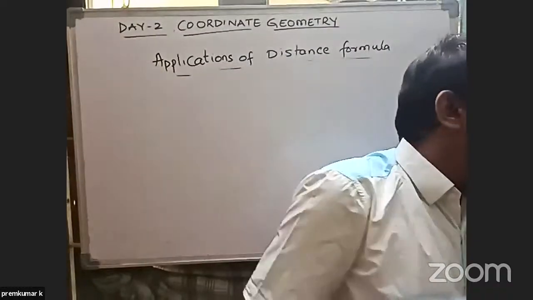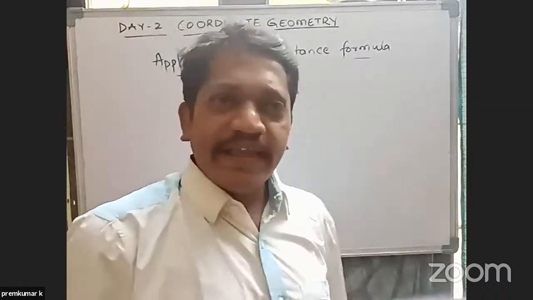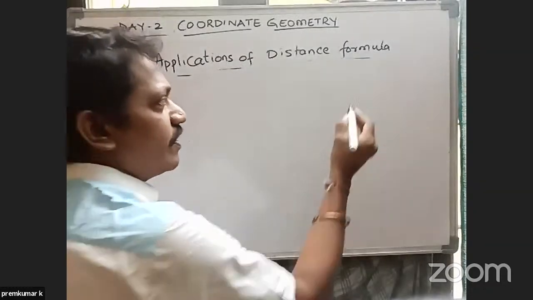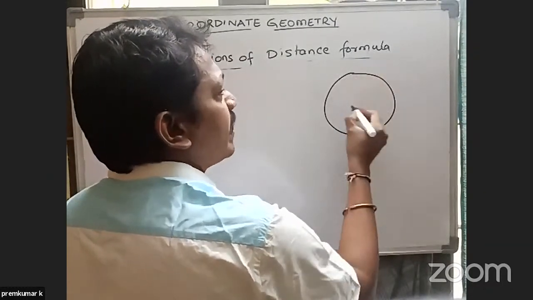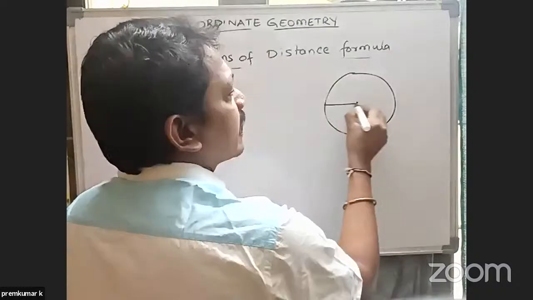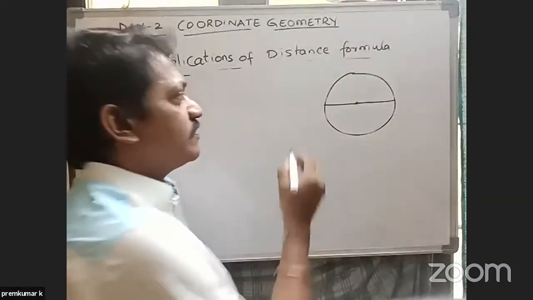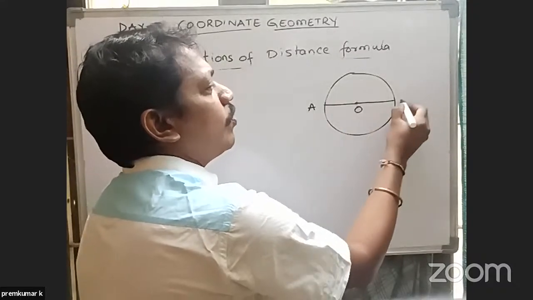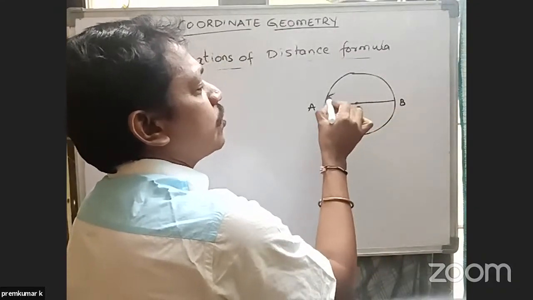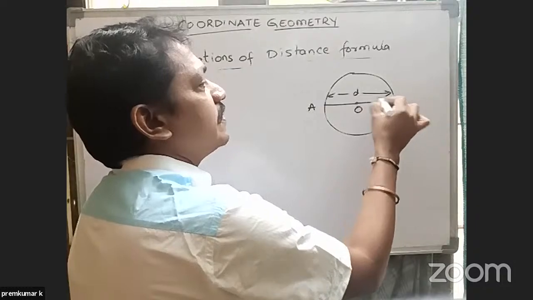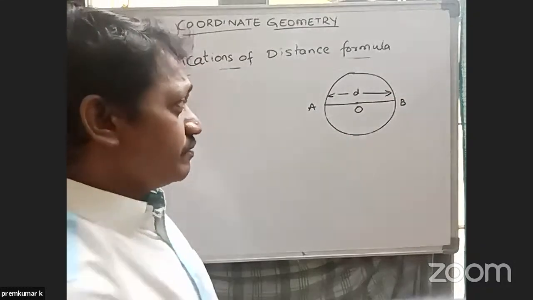Okay, children. Now, radius and diameter. For this, I will directly explain by drawing a circle. Suppose this is A, O, B. This total length is called the diameter.